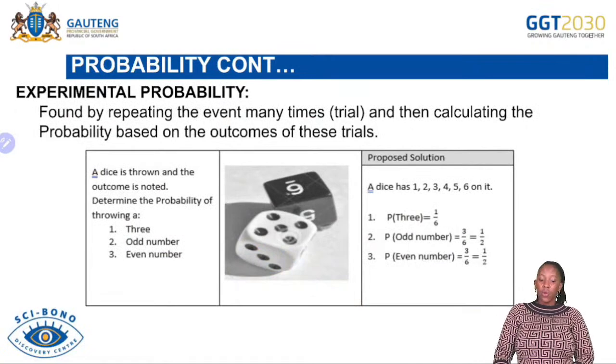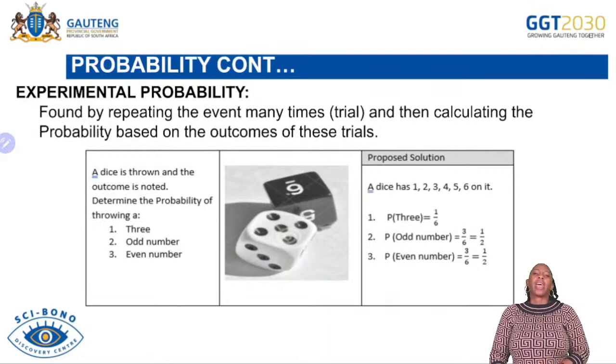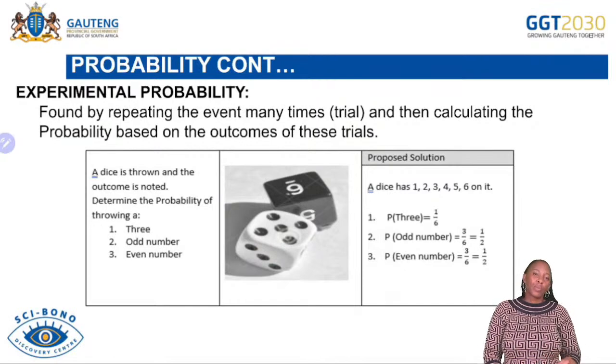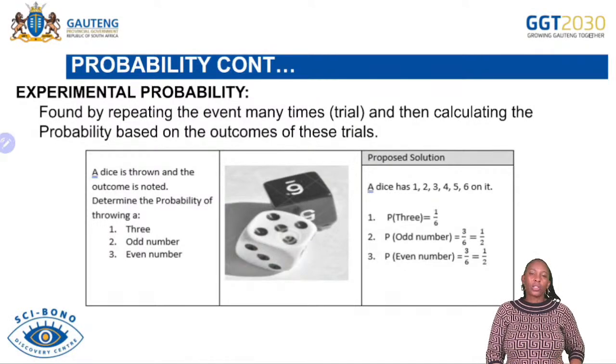Now, let's have a look at the experimental probability. Theoretical, remember, we are using the known. With an experimental, we have to conduct an experiment. How do we conduct it? Through a number of trials.